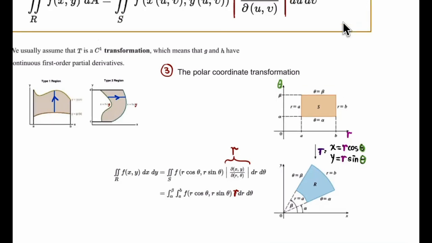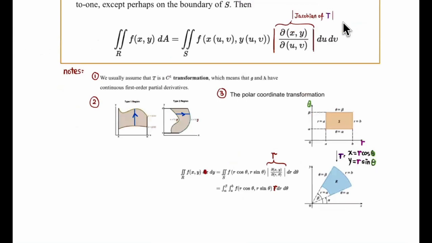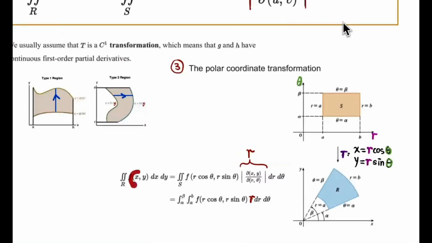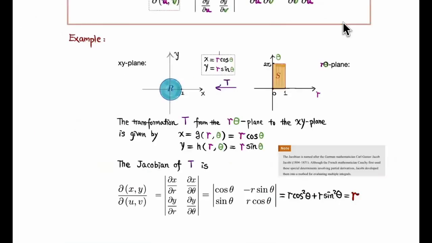According to the theorem above, this double integral over this region R on the xy plane is the double integral where we replace x by r cosine theta, y by r sine theta, and then multiply by the absolute value of the Jacobian, which we already computed in this example.